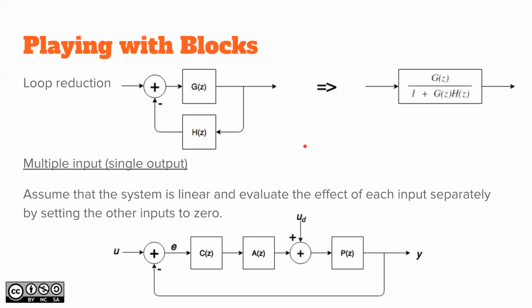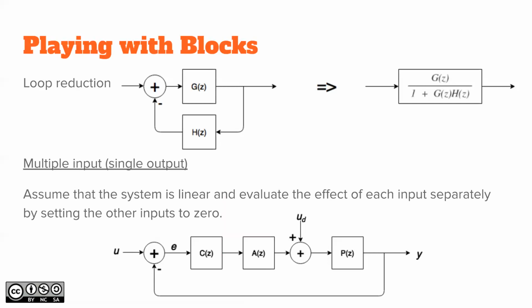Okay. Loop reduction. Interesting. So if you analyze this one, here you have X(z), this is Y(z). Maybe I should annotate to see if I can still do it by hand.